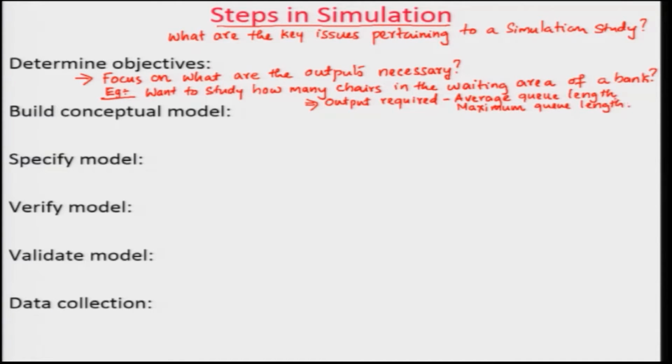If you have both of these, then you can decide how many chairs you need to purchase to put in the waiting area of the bank. So, the objectives also translate to what outputs are given by the simulation model. That is what we are interested in here.